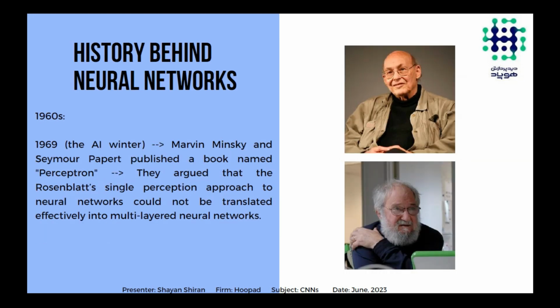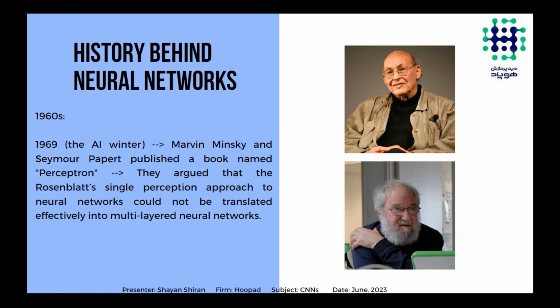Let's go to the 1960s. In 1969, Marvin Minsky and Seymour Papert published a book named Perceptrons. They argued that Rosenblatt's single perceptron approach to neural networks couldn't be translated effectively into multi-layered neural networks.